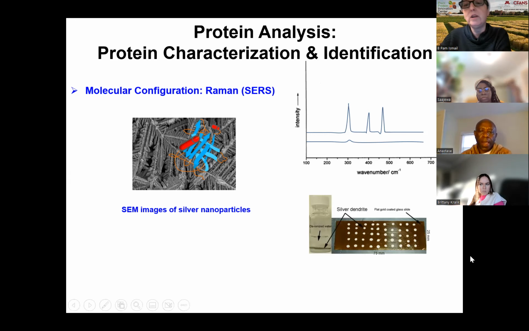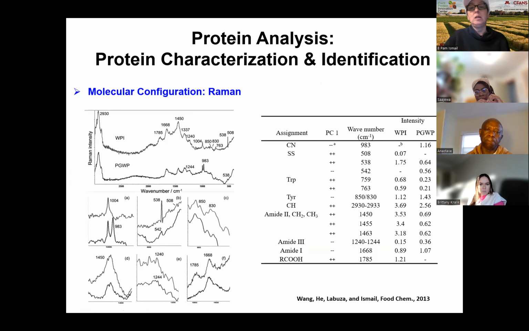So you have silver dendrites on a gold platform, and then you spot your liquid solution, and then you project the radiation, and you get the scattering of light, and you get the spectrum. And from there, you get information as such.